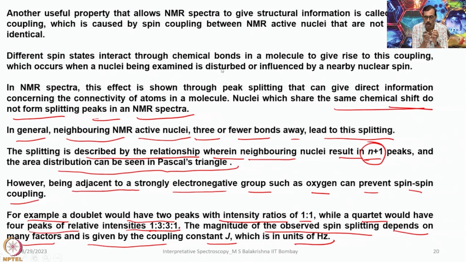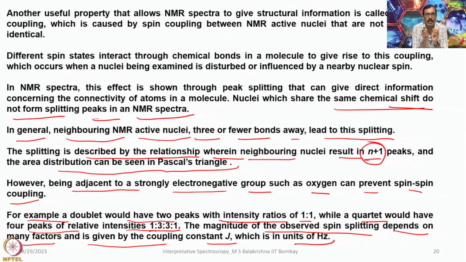Not only that, it can also precisely tell you how many equivalent protons are there on the adjacent carbon atom. Nuclei which share the same chemical shift do not form splitting peaks in an NMR spectrum. This is very important.